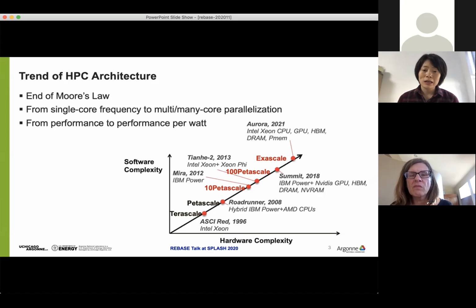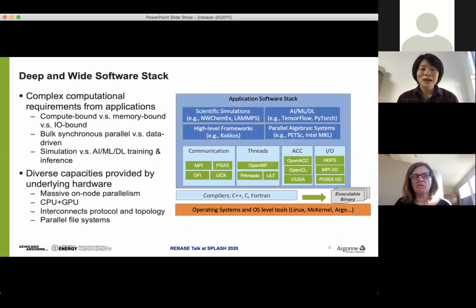For example, as I show at the end of this trend, Aurora, which will come next year, will combine Intel CPU and Intel GPU, and for the memory system it has high bandwidth memory, DRAM, persistent memory, storage, and so on. All right. On such a complex architecture, we are now designing a software stack for it.